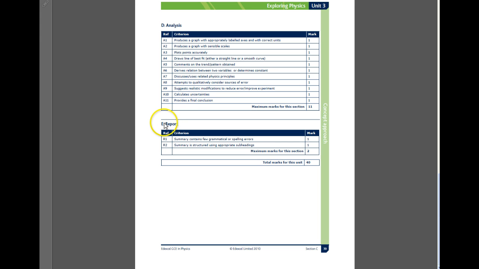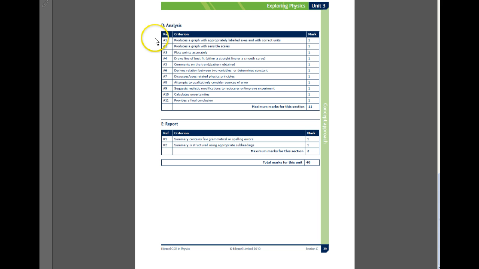There is then another section E here, which I think Edexcel probably meant to add to section A, because it only refers to the summary. So there's another couple of marks that are awarded for lack of spelling errors and clear grammar and so on.